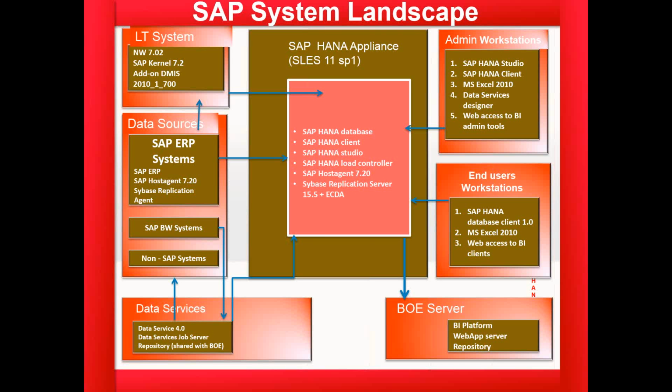So earlier HANA client was the only way that we could connect, but nowadays the most prescribed methods are either JDBC or ODBC drivers. Now we have specific drivers available which can be downloaded from the SAP website, and you can install them on the BOE server. Once you install it, it is simply another driver just like Oracle or SQL Server. Now you can connect to the HANA database and start accessing the data within it.